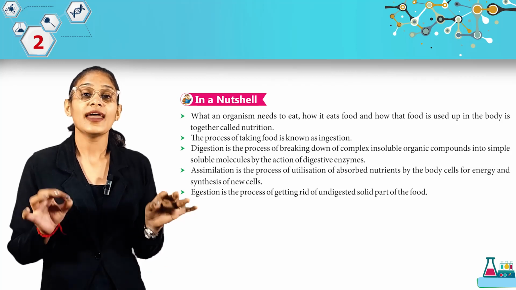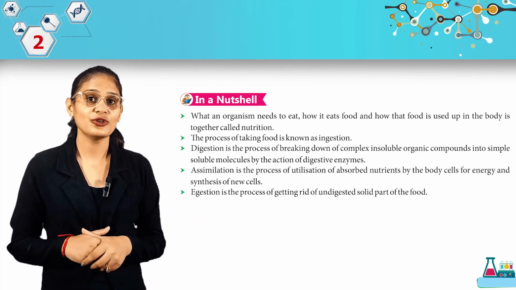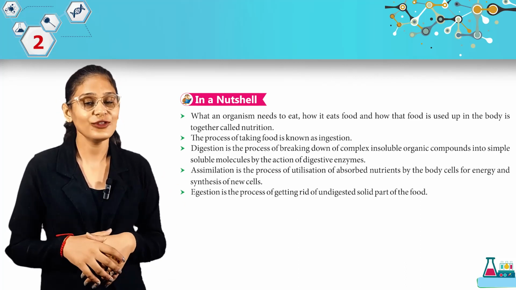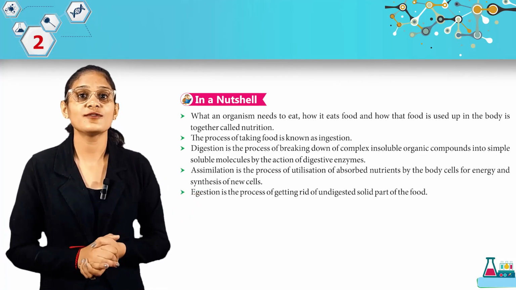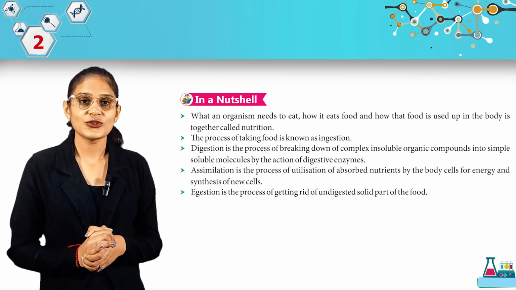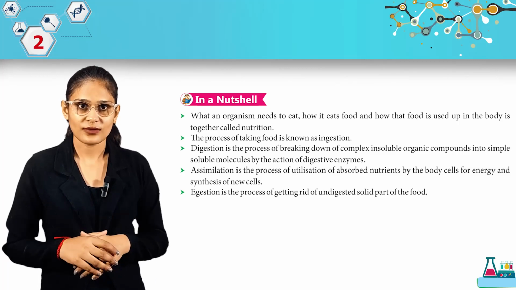Then assimilation is the process of utilization of absorbed nutrients by the body cells for energy and synthesis of new cells. Then egestion is the process of getting rid of undigested solid part of the food. So students, I hope you understand all the steps of taking nutrition.